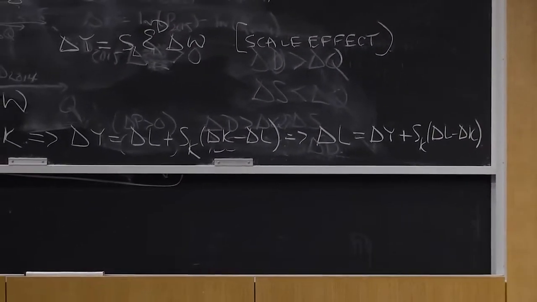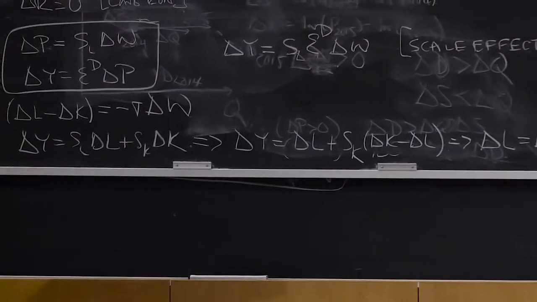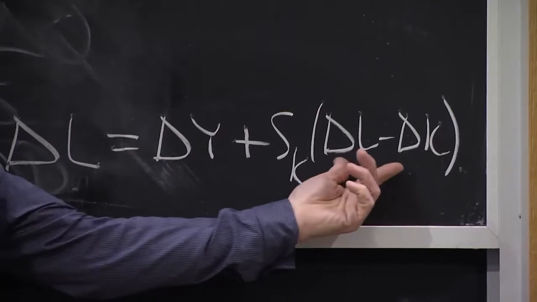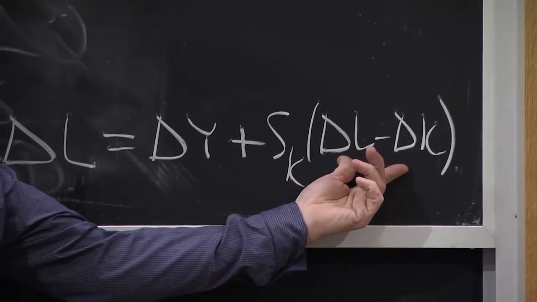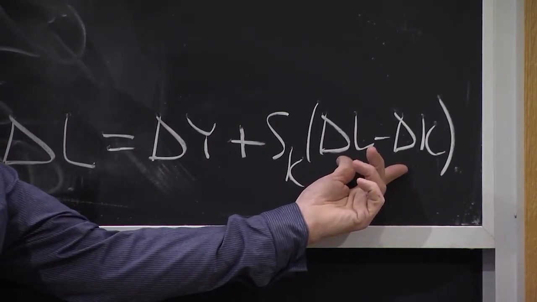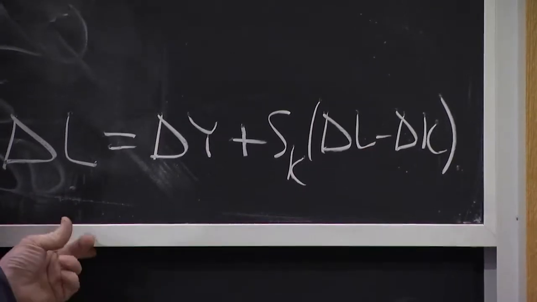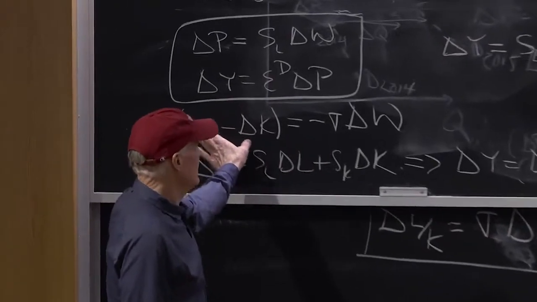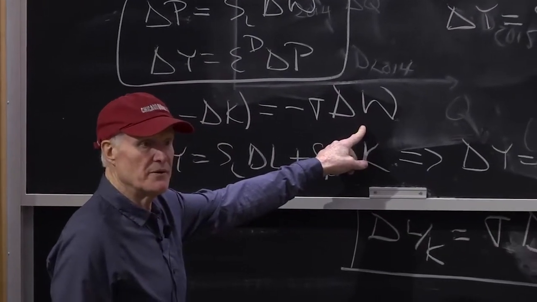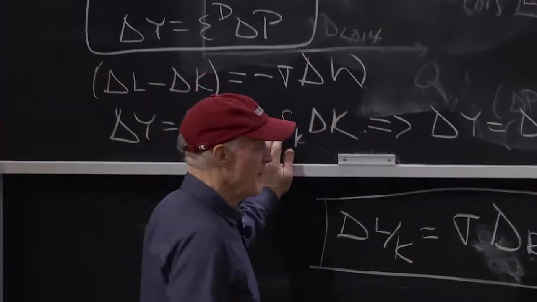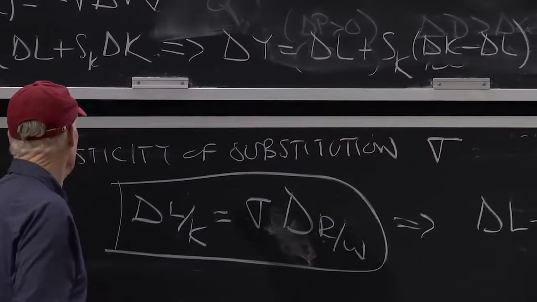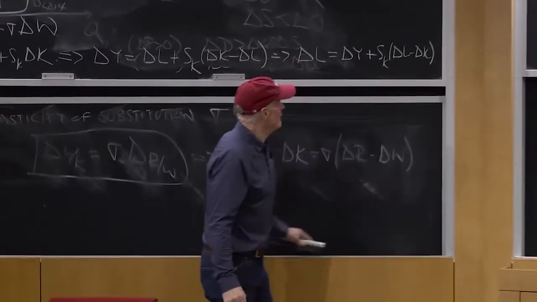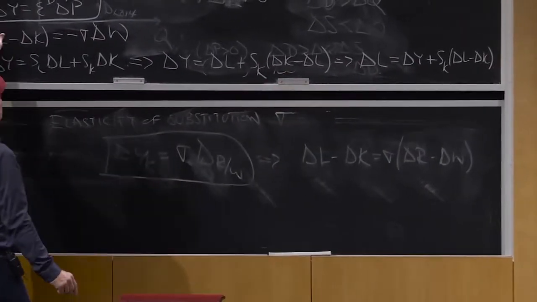I think that's right. It says the change in labor is going to be that scale effect plus whatever happens because they substitute capital for labor. Right? But what is delta L minus delta K? It's minus sigma delta W. Okay? And what is delta Y? Well, we already determined delta Y right here.